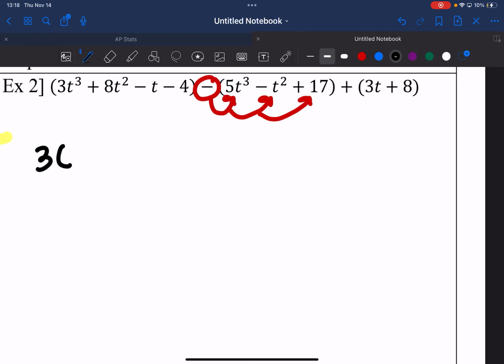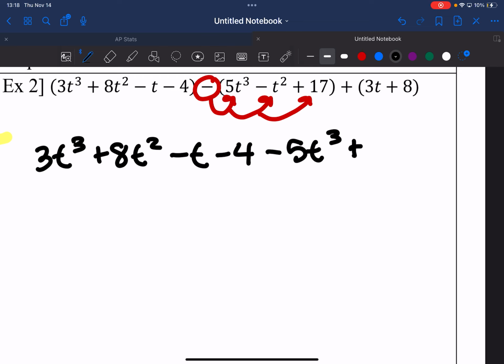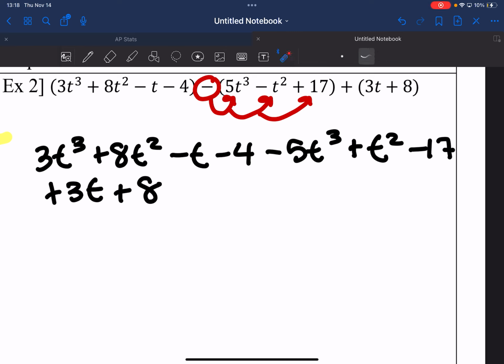So I have 3t cubed plus 8t squared minus t minus 4 minus 5t cubed plus t squared minus 17 plus 3t plus 8. Notice the signs of only these ones changed.